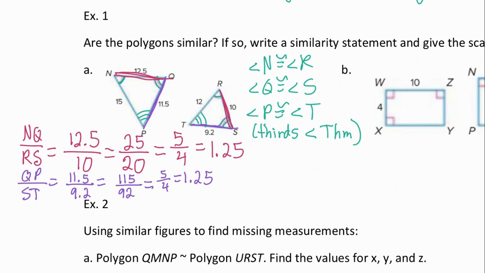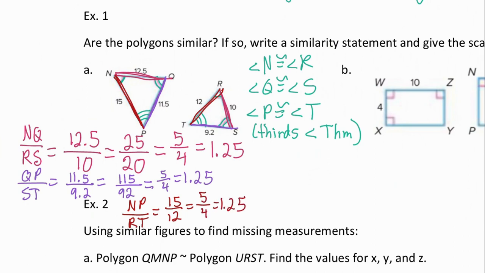So we have two sets of sides proportional. Then we need to check to see if that third side is also proportional. So we're checking NP over RT. That one is 15/12, and both of those are divisible by 3. So that would give us 5/4, or again, 1.25.